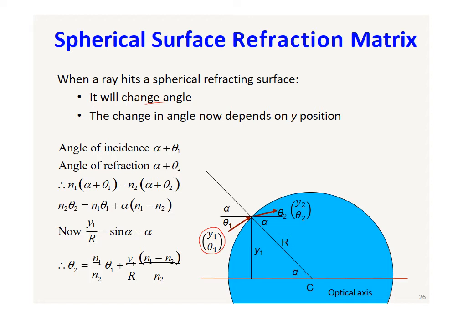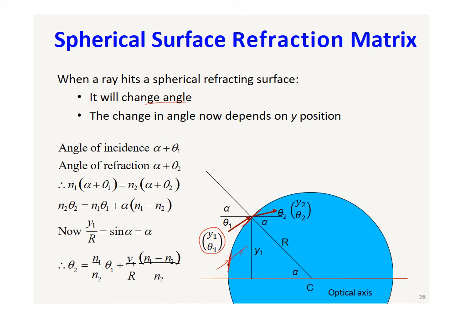So in this example, if that ray were to hit here with the same theta 1 but with a different y, then it would be refracted by a different amount because the tangent of that surface is different to the tangent at a different height. So this ray would go more in that direction.